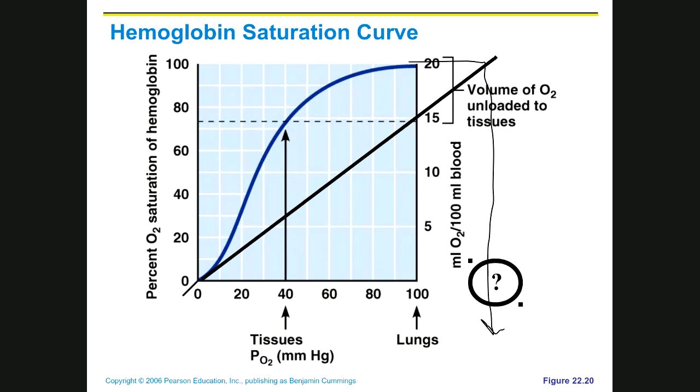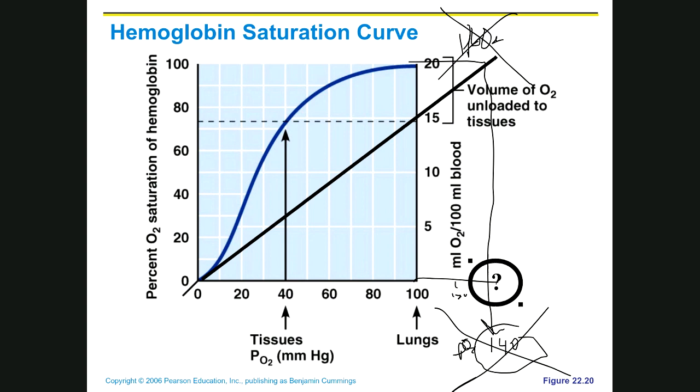What is that? There's 80, 100, that's 120. That's like 140. In other words, the partial pressure of oxygen in your lungs would have to be 140 to fill this up to 100%. That's just not possible. And if that's not possible, this wouldn't be possible.